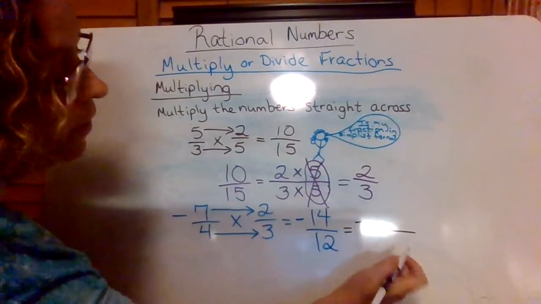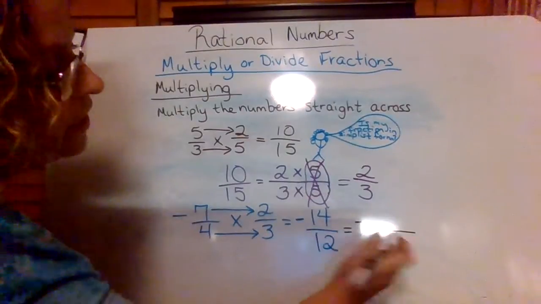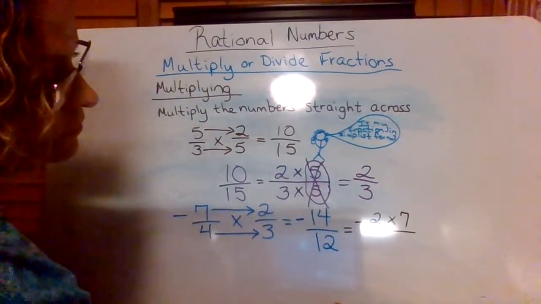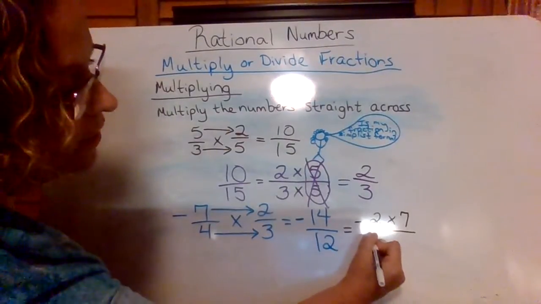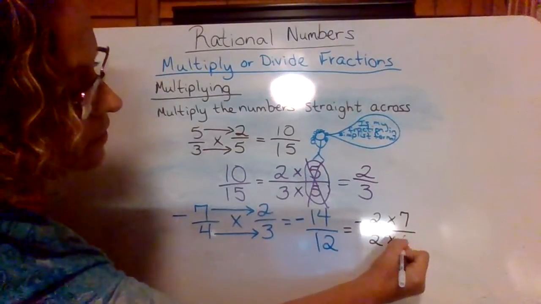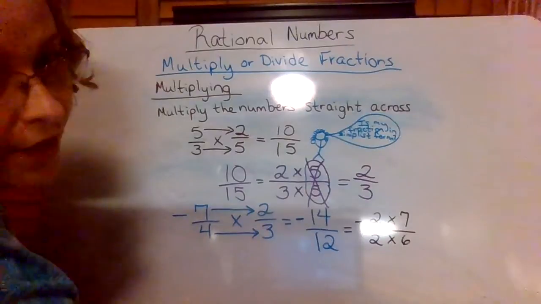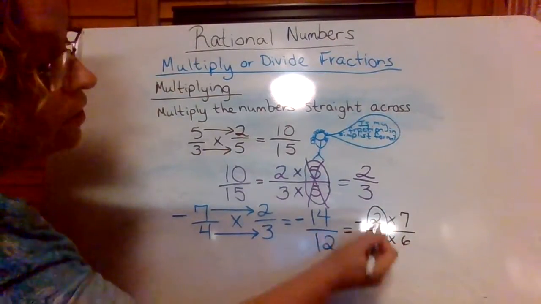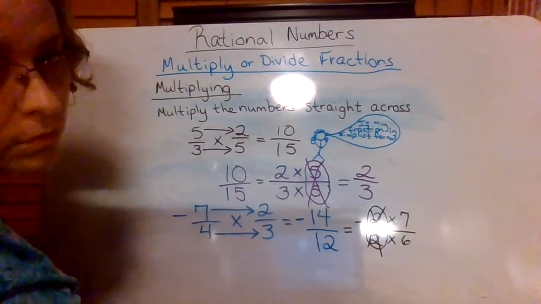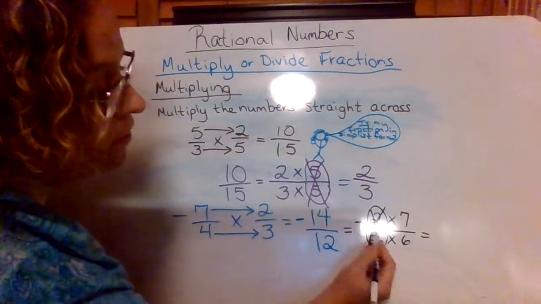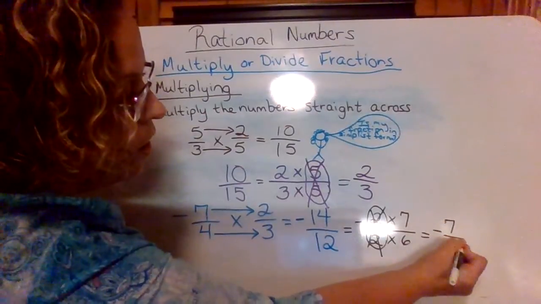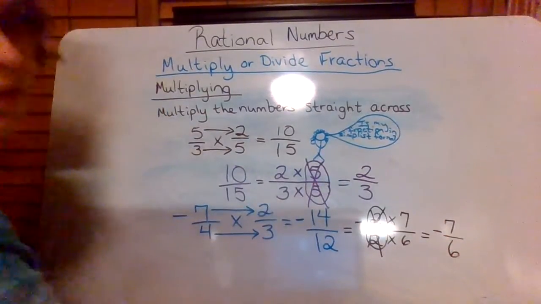So 14 breaks down. Don't forget your negative, though. 14 breaks down to 2 times 7. 12 breaks down to 2 times 6. Do you see a number they have in common? I sure do. It's that 2. Those 2's are gone. So that leaves me with, don't forget the negative, negative 7 over 6.